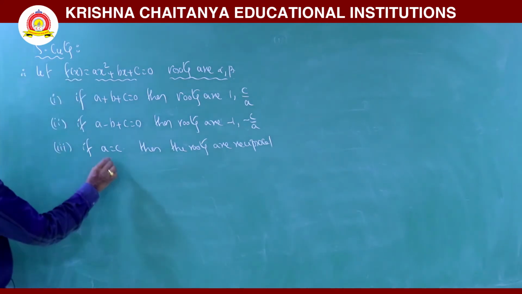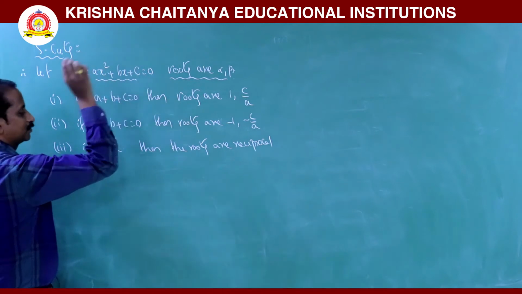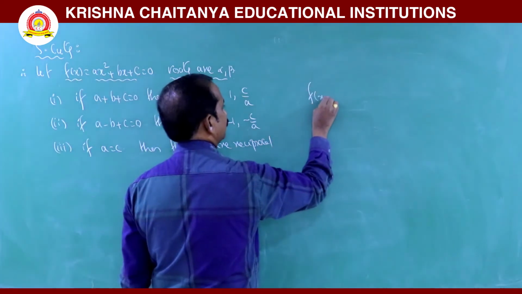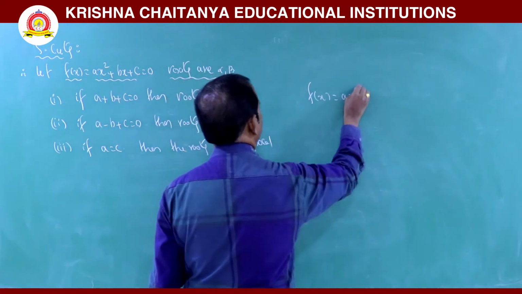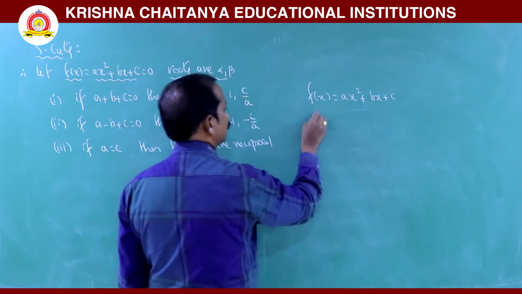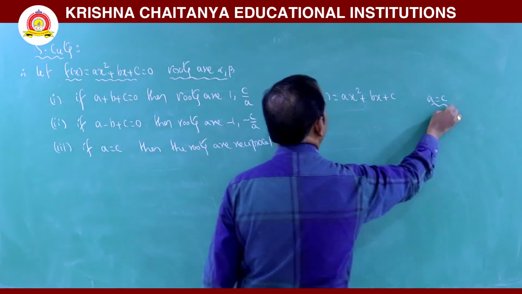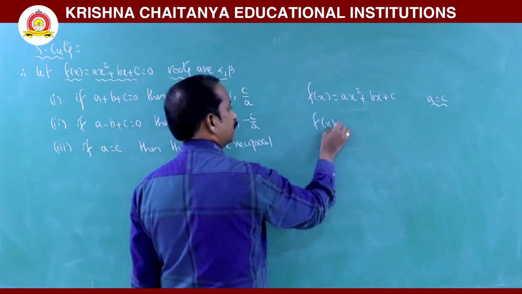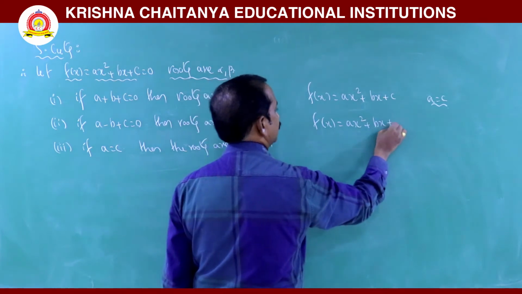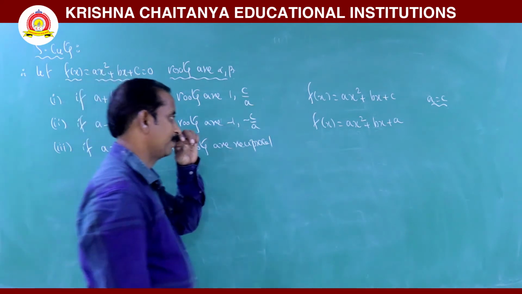Let us observe the proof of that one. Consider the product of the roots. F of x is given as a times x square plus b times x plus c. Now what is the condition? A is equal to c means the required polynomial is a times x square plus b times x, instead of c I can write a or c by a, whatever it may be.